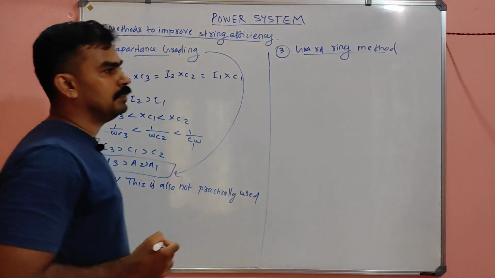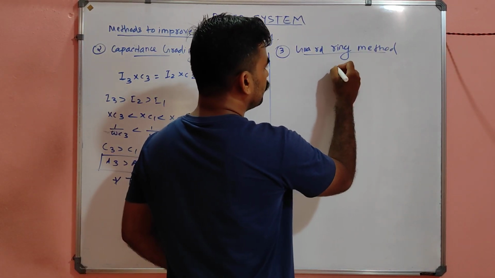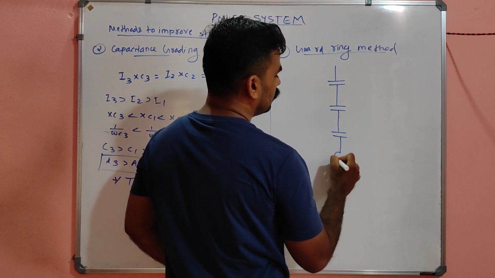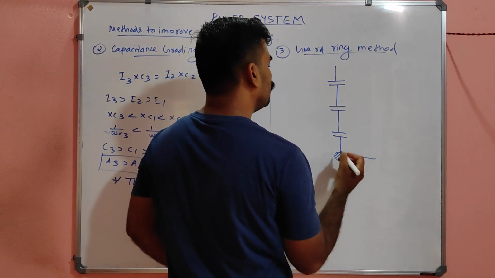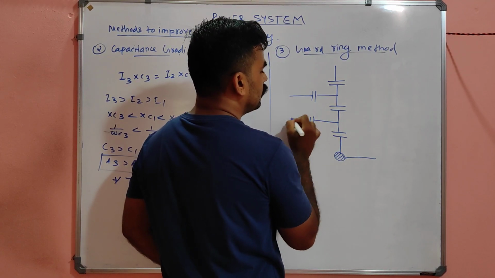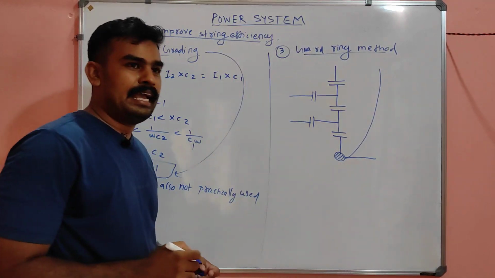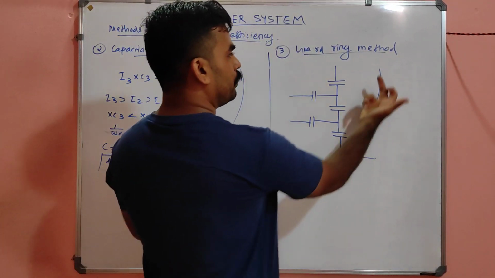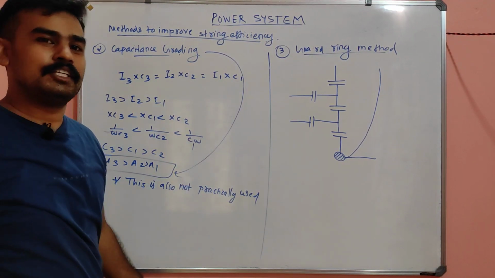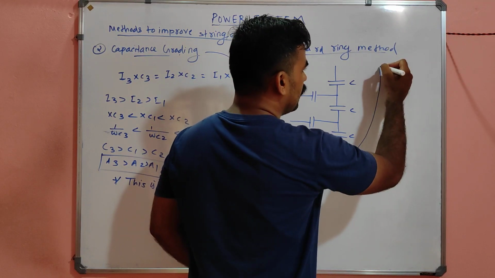You might have seen this in the transmission line. A simple conductor will be projecting like this. You might have seen a conductor projecting like this, definitely you will see that. This is called the guarding.